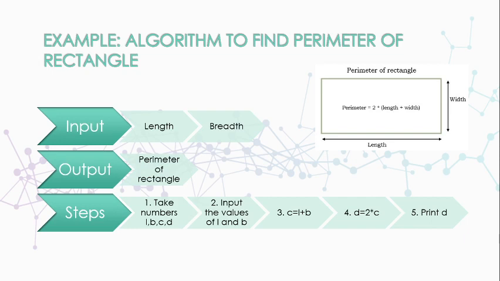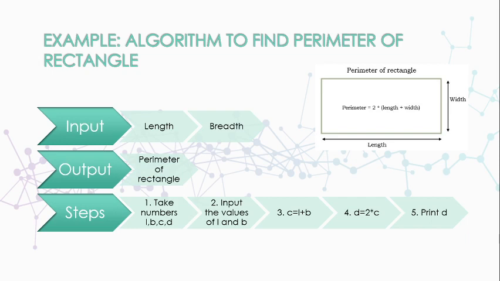That is, if we take length as L and breadth or width as B, then perimeter is equal to 2 into (L plus B). So as usual, we will need here input, output, and the steps to be followed in order to achieve this algorithm.